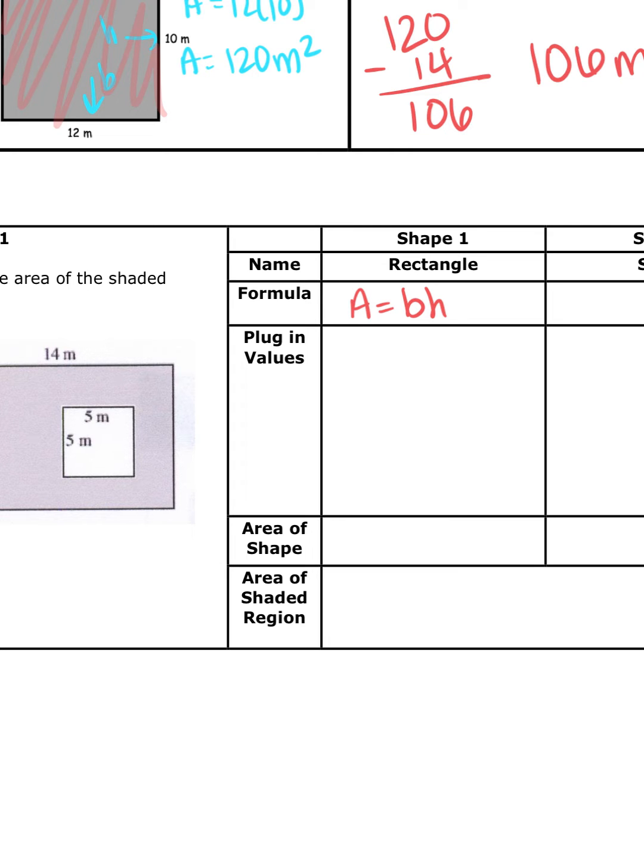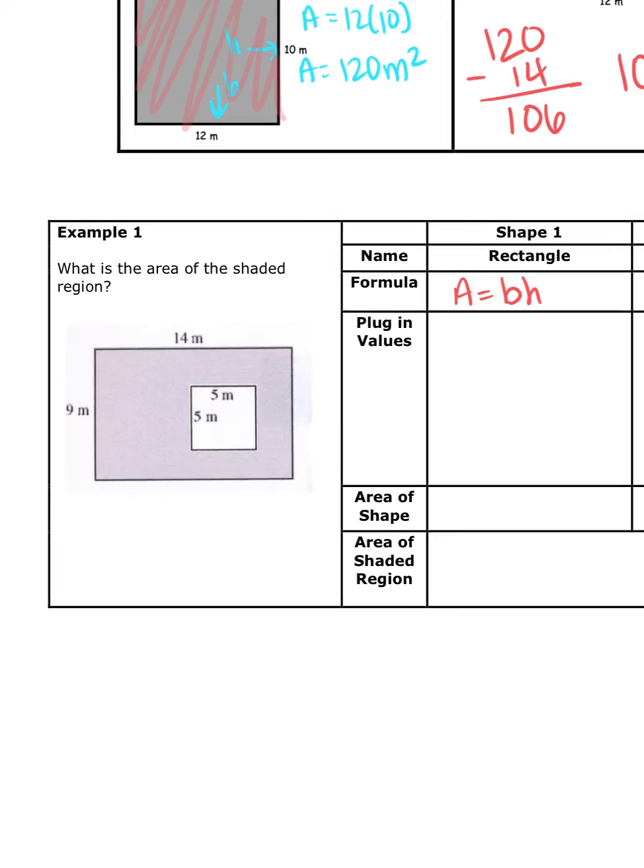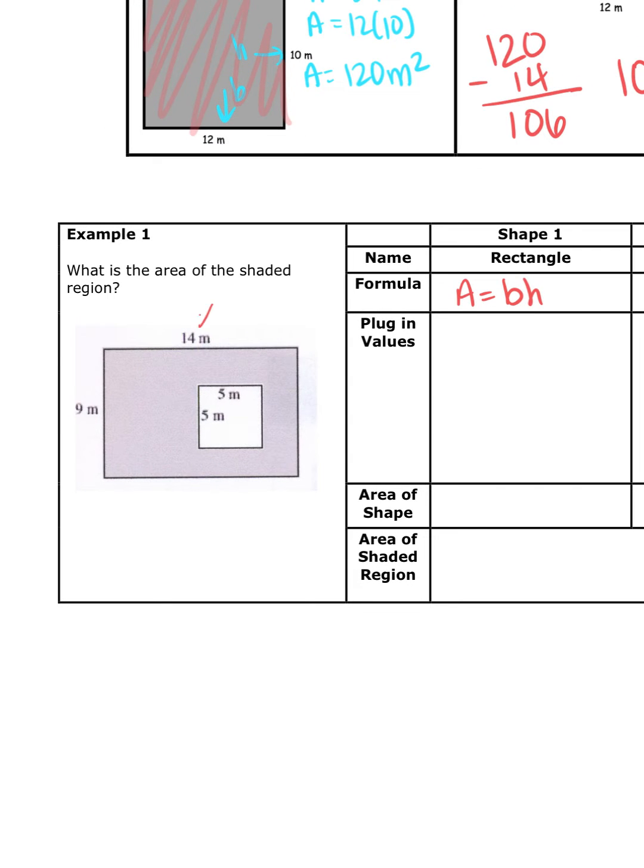In this case, my base is 14 and my height is 9. You don't have to write this part, but I do want you to take the time to write it with your values plugged in. So A equals 14 times 9.